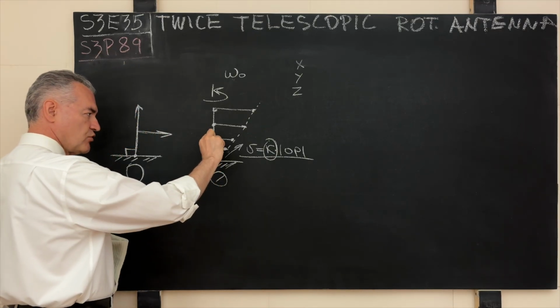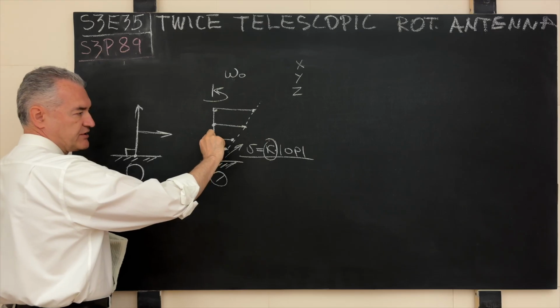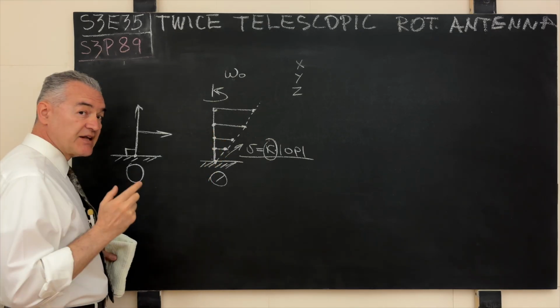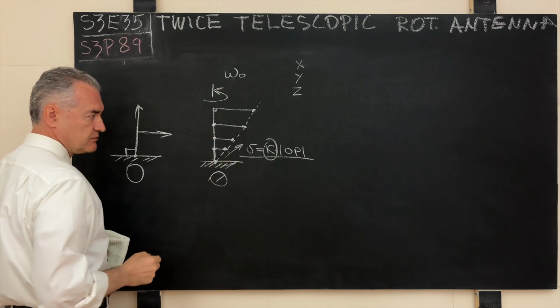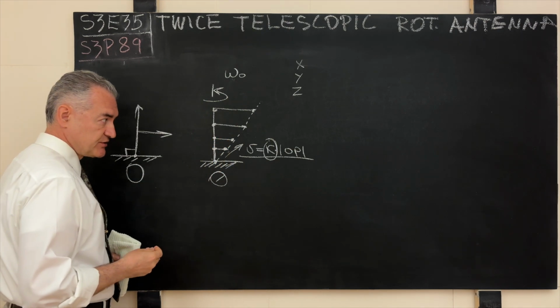The change in the length of the vertical arm of the telescoping antenna is a constant multiple of the change of the length of the horizontal antenna, or vice versa. It doesn't really matter.